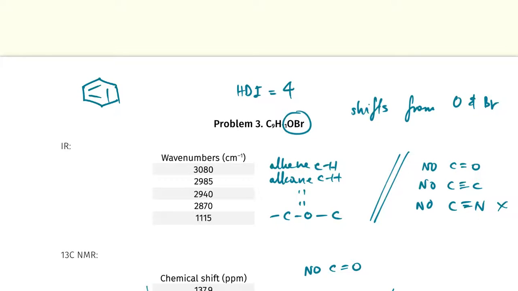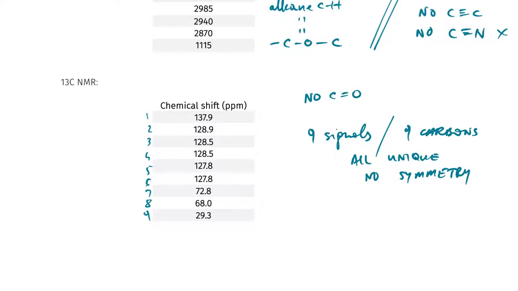So those highly unsaturated compounds are likely to have a phenyl ring. Okay, so keep that in mind. You can also see it in the carbon spectrum, those shifts, 110 to 140. It depends what's attached to the ring. These are aromatic ring carbons.